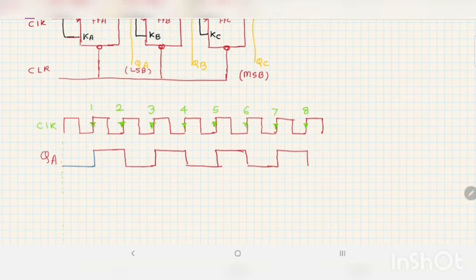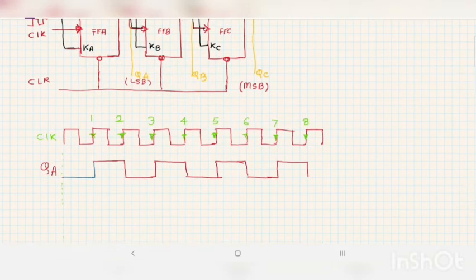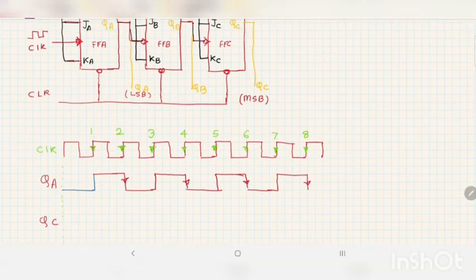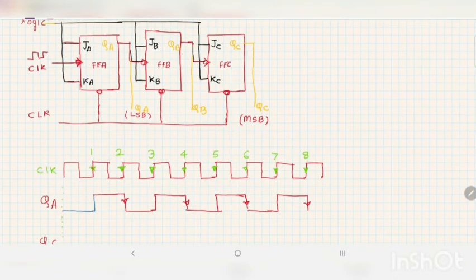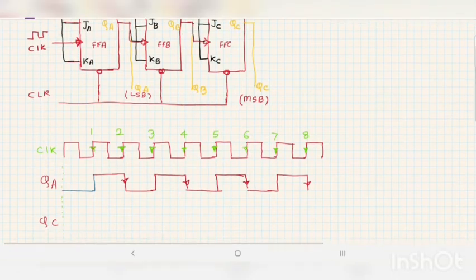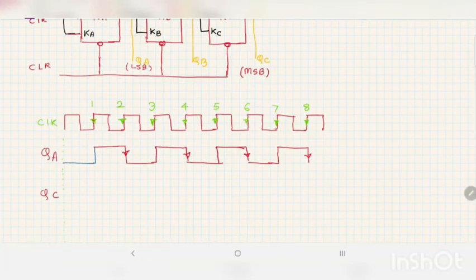In this case, for the second flip-flop, the input is again connected to logic 1 level, but here output of the first flip-flop acts as a clock to the second one, and therefore what happens?